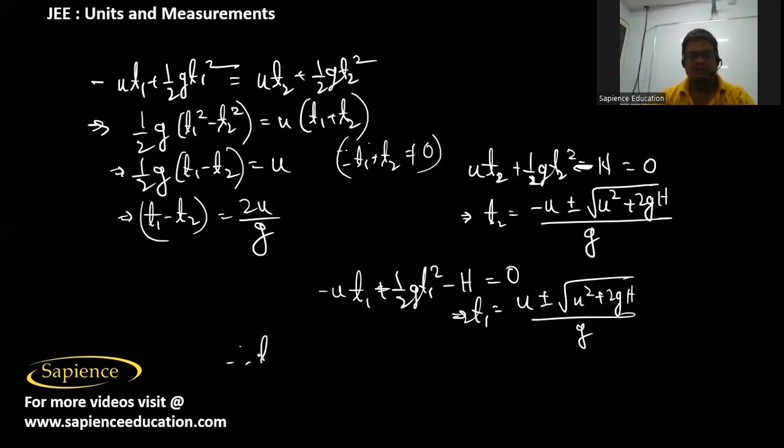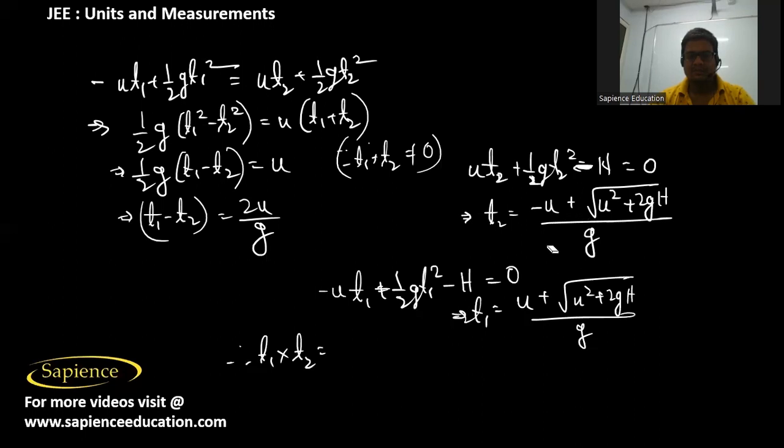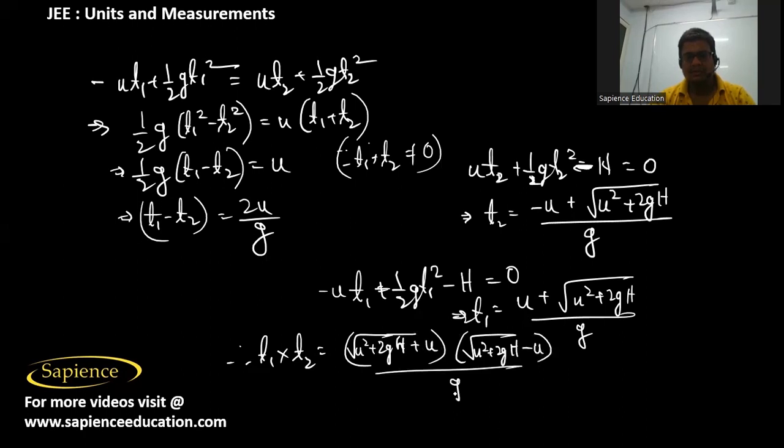So now if you do t1 into t2, we can't take the negative sign since time cannot be negative. So t1 into t2 will be equal to square root of u square plus 2gh plus u, into square root of u square plus 2gh minus u, by g square.